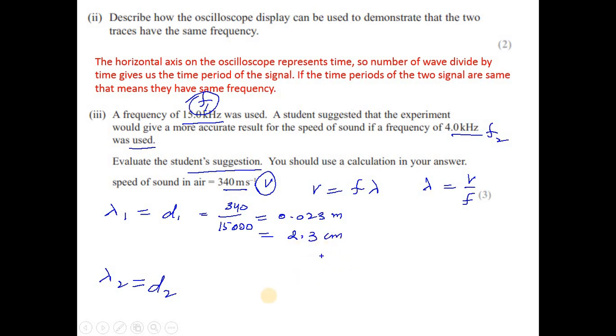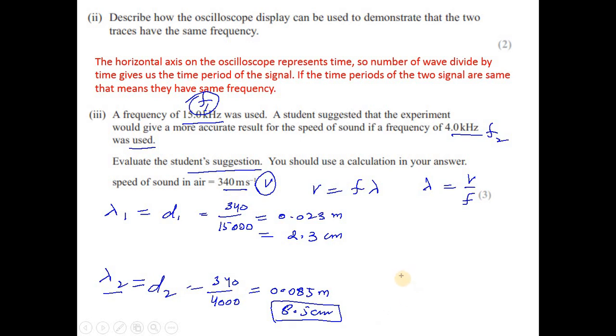It's just to give you an idea. And for d2, 340 divided by 4,000 will give you 0.085 meter, or 8.5 centimeter.